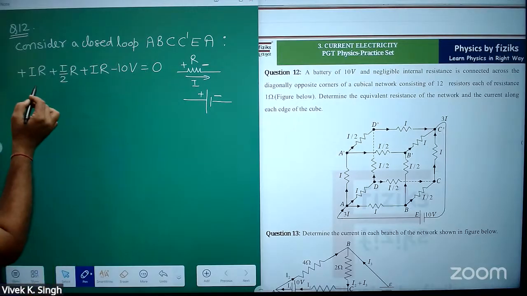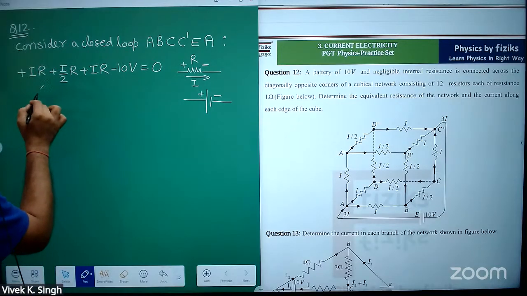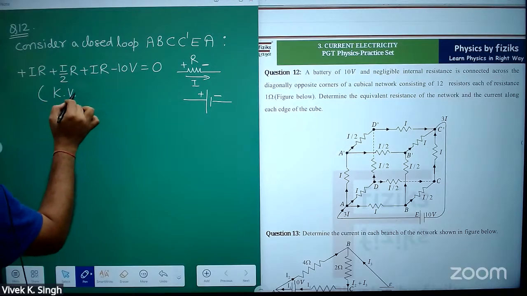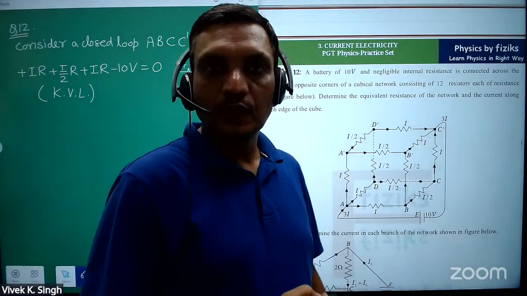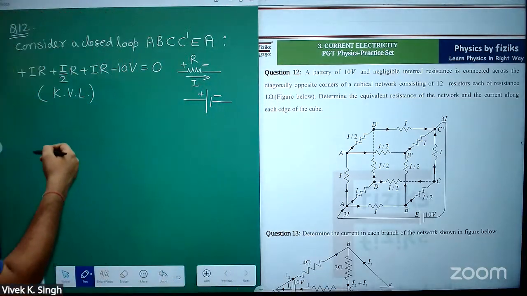This is by applying KVL, Kirchhoff's voltage law, that the sum of the voltages in any closed loop must be 0, considering the same sign convention, or algebraic sum.